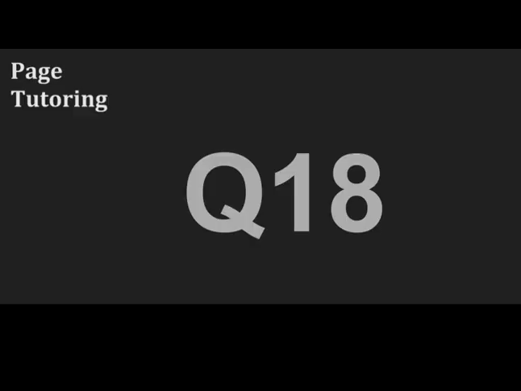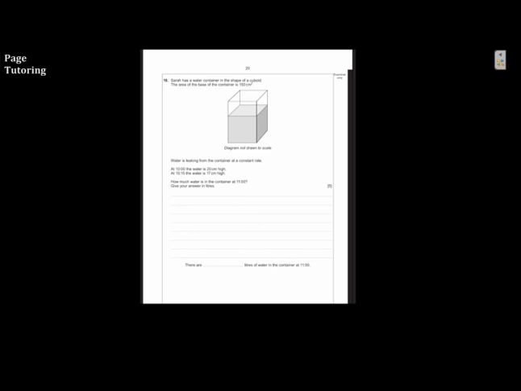Question 18. Sarah has a water container in the shape of a cuboid. Now, questions about cuboids containing water or pools or ponds, these are very, very common in maths questions. They really love it. So the area of the base of the container is 150 centimeters squared.